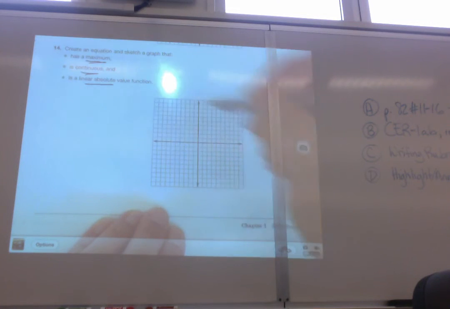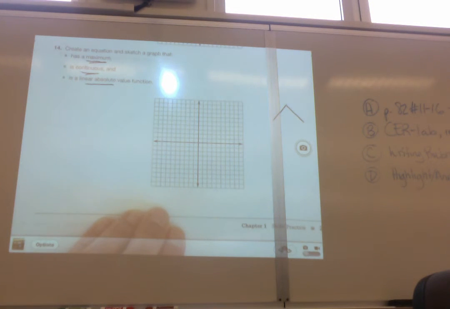Continuous linear absolute value. When I look at my packet, linear absolute values with a maximum looks like that. Now I look at functions and see if I can figure out what do I have to do in the function to make it look like that.